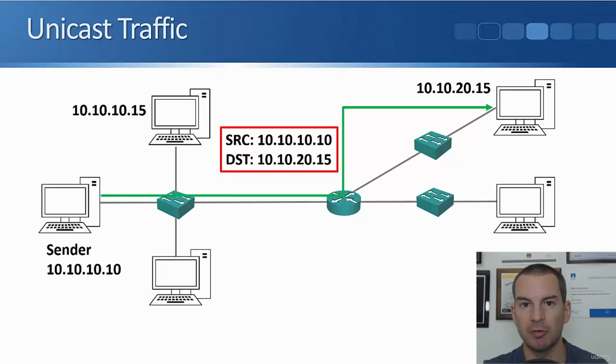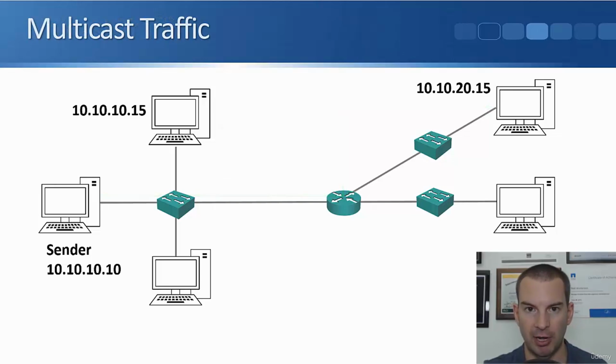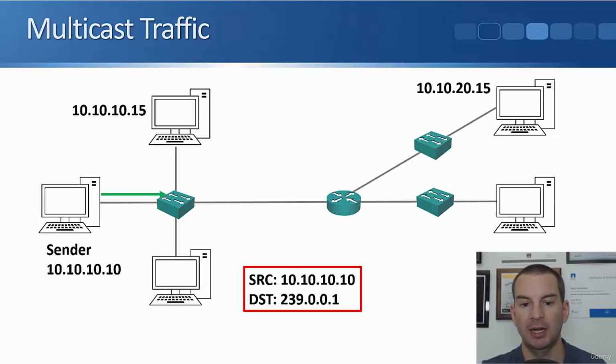Now, we can improve this by using multicast traffic. With multicast traffic, we're going to send 1 copy of the traffic from 10.10.10.10, and that 1 copy is going to get sent to 10.10.10.15 and 10.10.20.15 as well. We're going to run an application on the sender, which is going to send it as multicast traffic, and in our example, we're going to send it to a destination multicast address of 239.0.0.1.